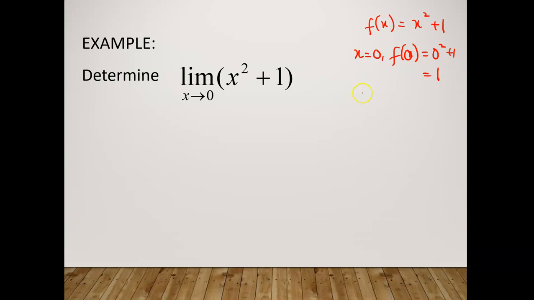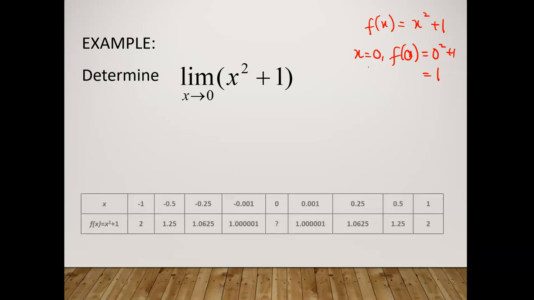And then what happens to the function f(x) when x is approaching 0? Meaning to say, when x is like 0.0001 or negative 0.001, where x is approaching 0. If you look at the table here, these are random numbers. We want to show that x is approaching 0.